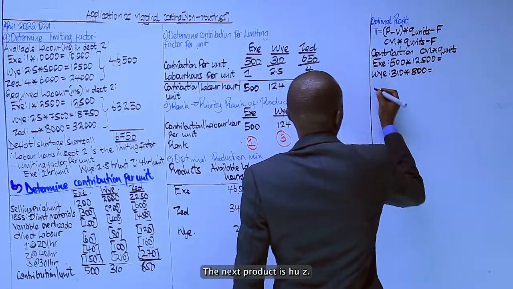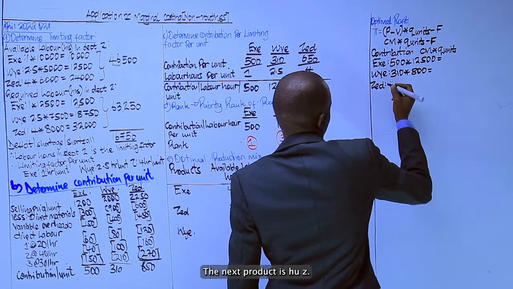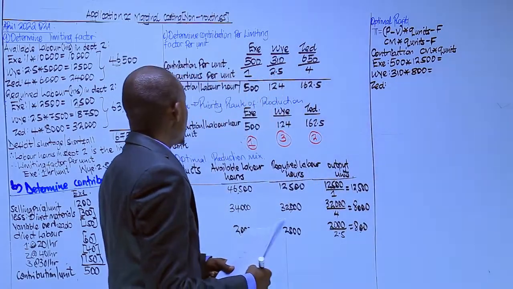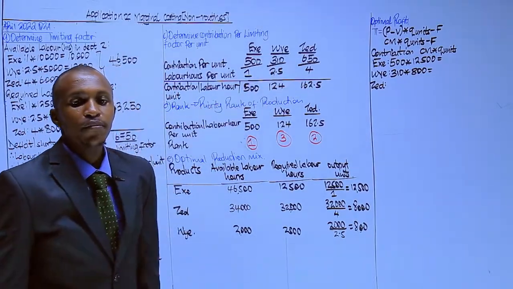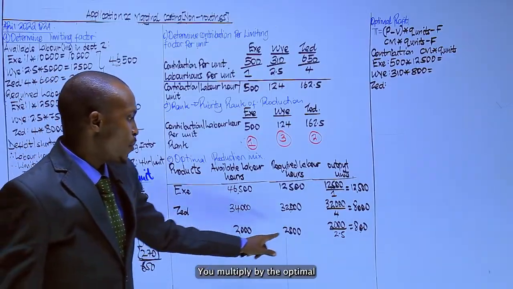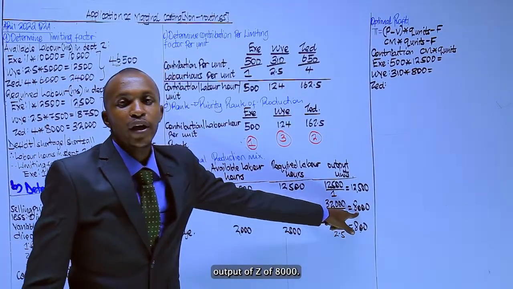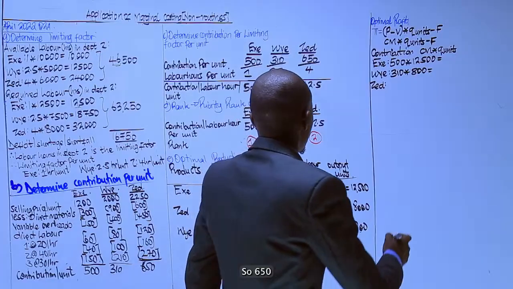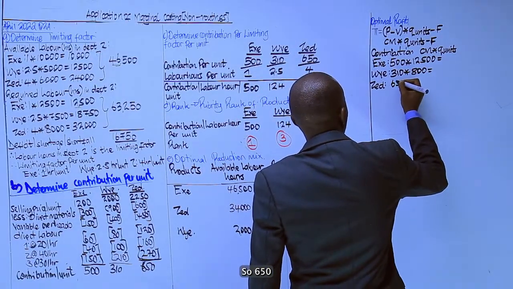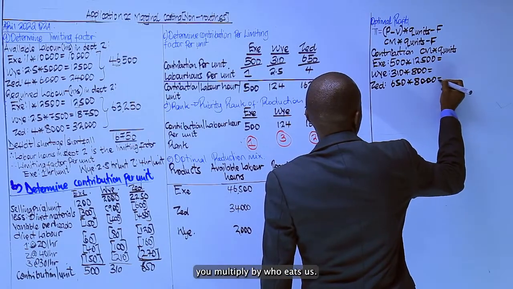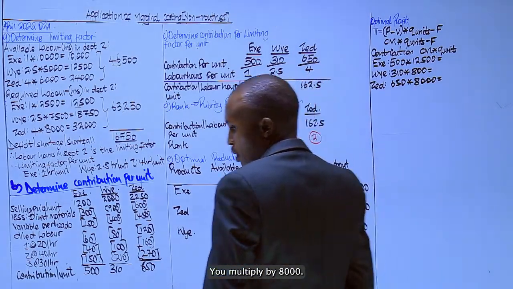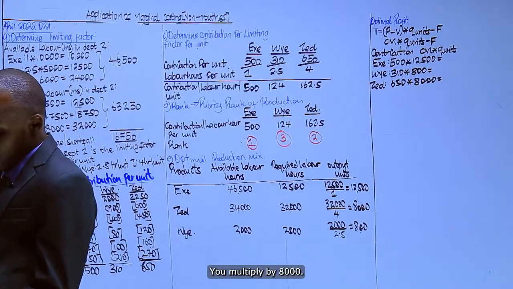The next product is Z. Your contribution per unit is 650. You multiply by the optimal output of Z of 8,000. So 650 by 8,000.